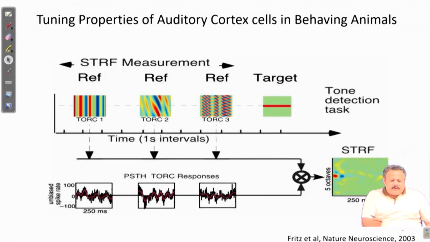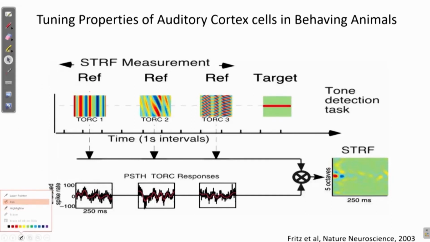So, if we go back, the experimental setup, the process is somewhat like this, that there are what we call TORC-like sounds. What we mean by TORC is temporally orthogonal ripple combination. The name, for the purposes of this course, is not important.